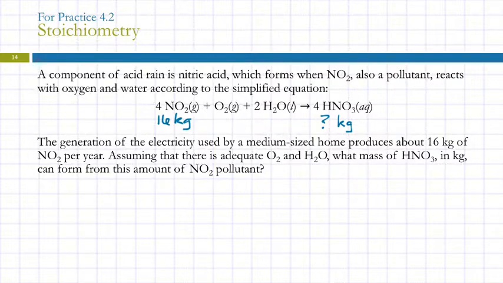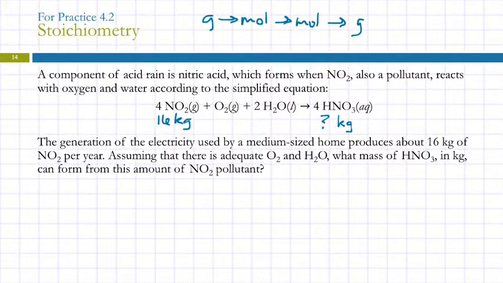So our normal path is grams to moles to grams. But here I'm starting with kilograms and I'm ending with kilograms. What do I do? We can add extra steps, okay?